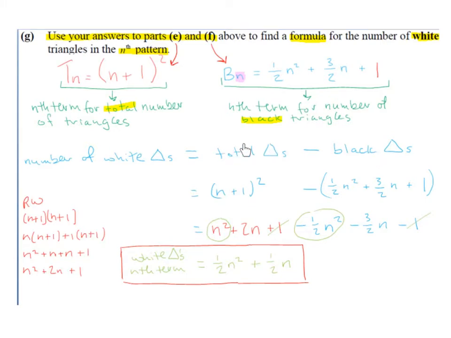So the formula for the total number of triangles is n plus 1 squared, which we got in part E. And the formula for the black triangles is a half n squared plus 3 over 2 n plus 1, which we got from part F. So this minus this will give us the formula for the number of white triangles.